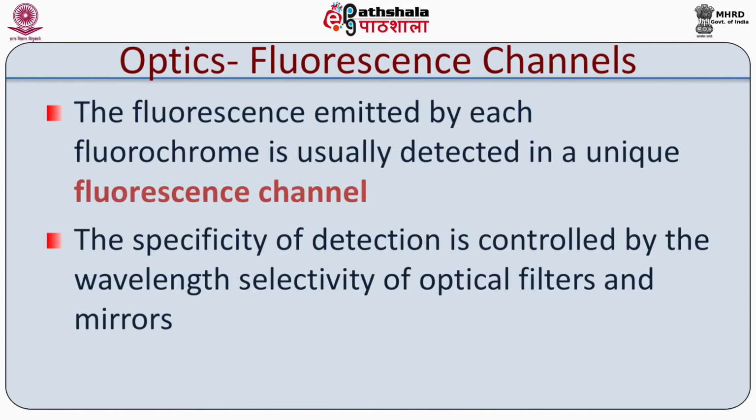And the third is the fluorescence channel. The fluorescence that is emitted by each fluorochrome is detected in a unique fluorescence channel, where the specificity of detection is controlled by the wavelength selectivity of the optical filters and mirrors, as will be described.